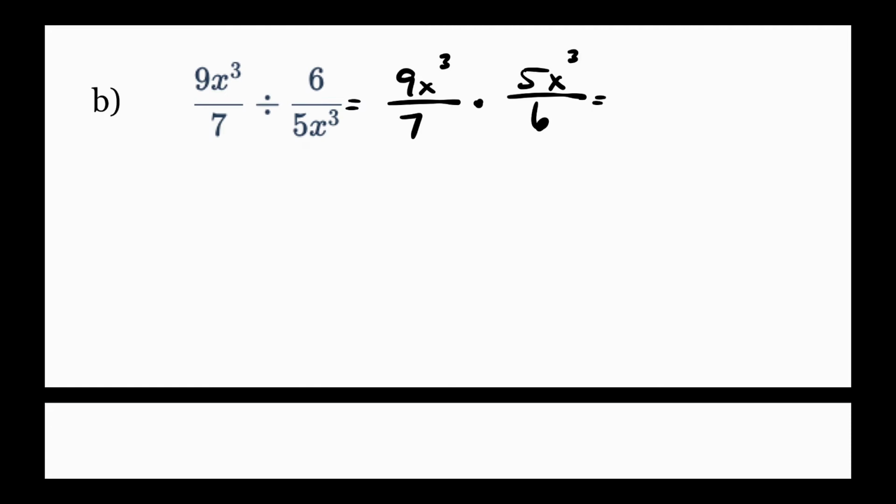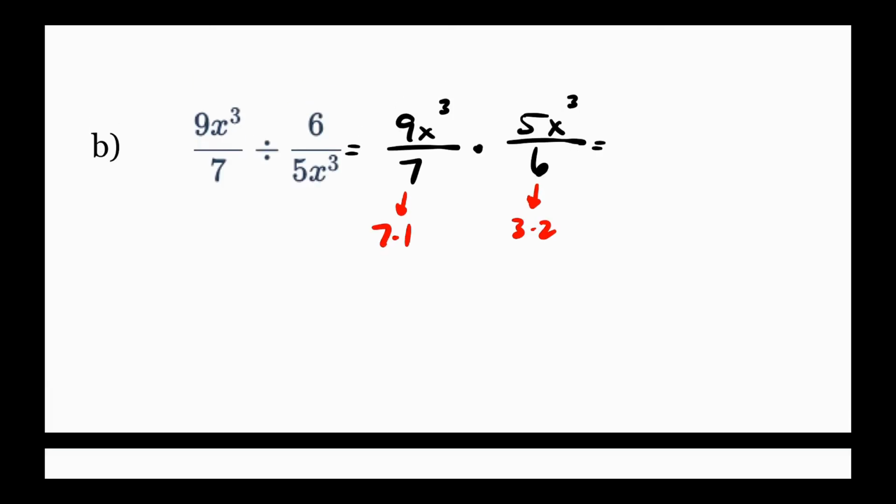Once I do that, I can start on step 2 for division. Step 2 for division says now factor all of them. All right, well, 7 is just going to be 7 and 1. 6 is 3 and 2. 9 is 3 and 3. 5 is 5 and 1.